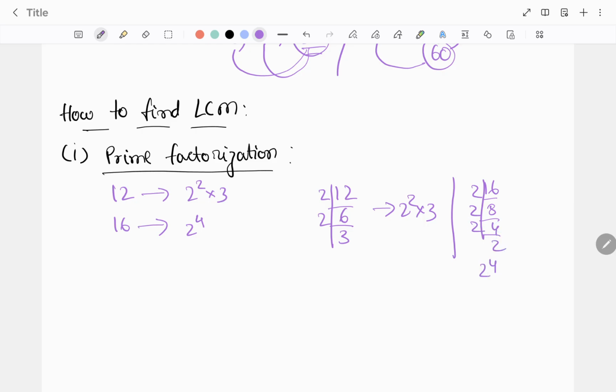See, before the exam, you need to do some pre-planned work. Every time, for small numbers like 12 and 16, we can't do this process. In the exam, if you do this for small examples, you are going to waste time. Then what to do? You have to do homework. What is that?